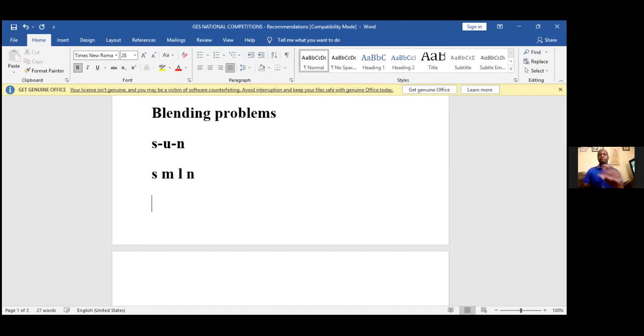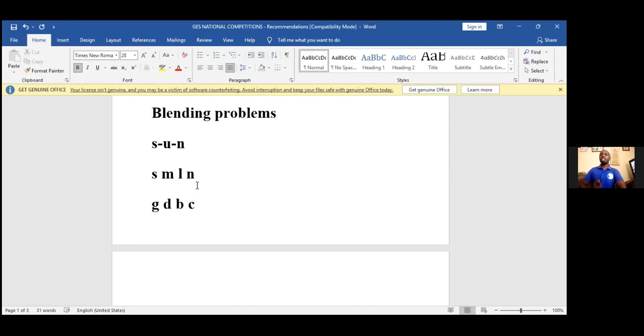Let's compare those sounds with the sound g, sound d, sound b, sound k. When you look at those sounds, the first ones can be sustained because we can say s, but you cannot say g. You see that?